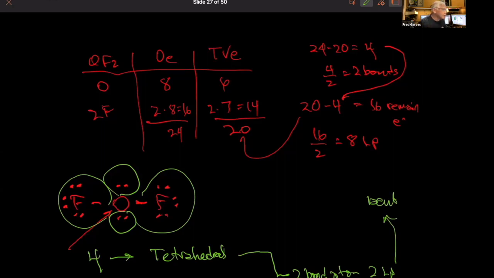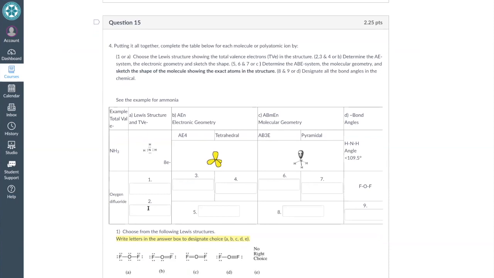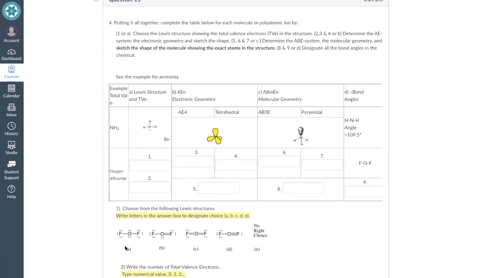And so if you go to your activity, then you can see that for oxygen difluoride, the number 1 is which structure? We came up with that, A. So you put A right here. The total valence electrons, we calculated that as 20. So we put 20 right here.